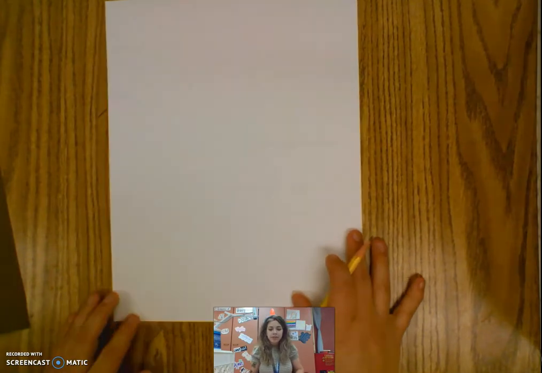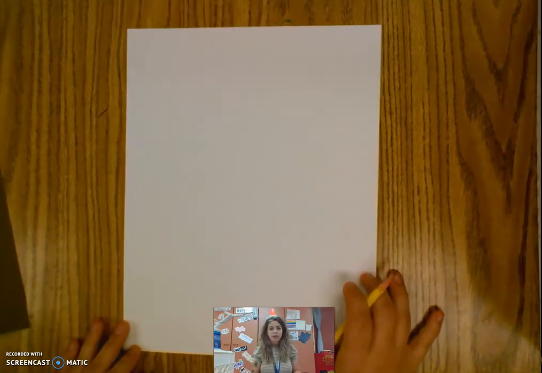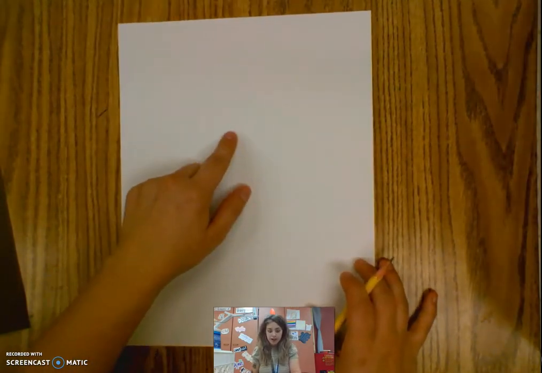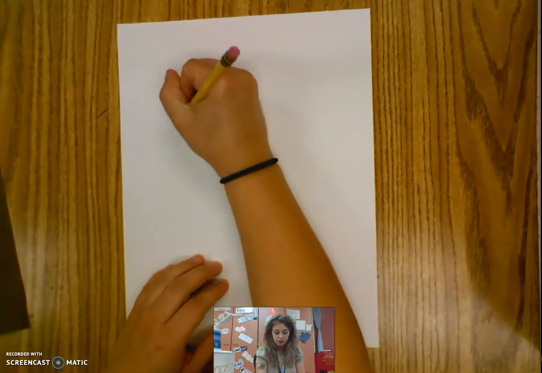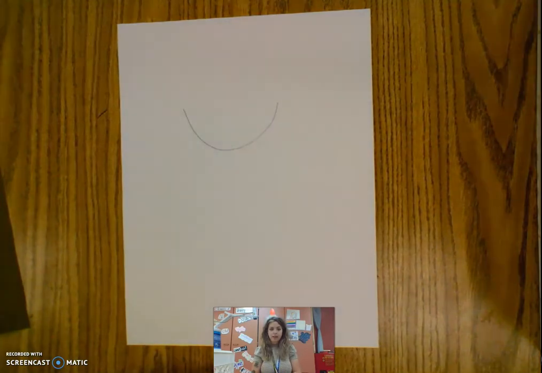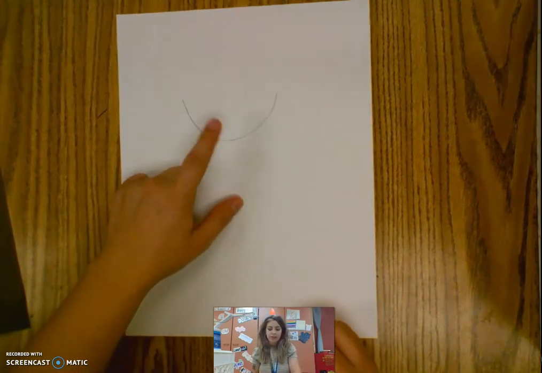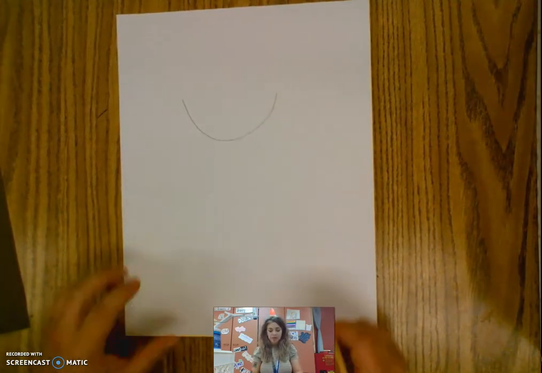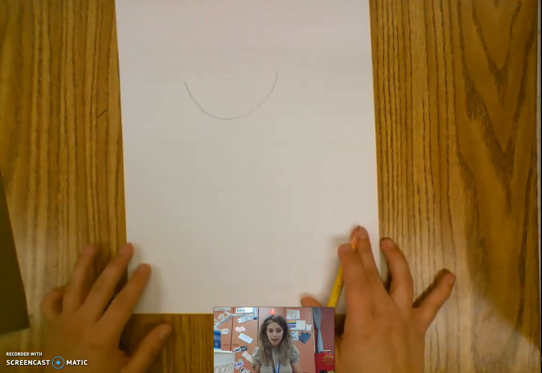We're going to start with drawing our owl, and I'm going to show you guys a pretty simple trick to draw an owl. Towards the top of your paper, you want to draw a curved line. It's almost going to look like a U, like that. And that's going to be the top of our owl. So now we're going to draw the body.